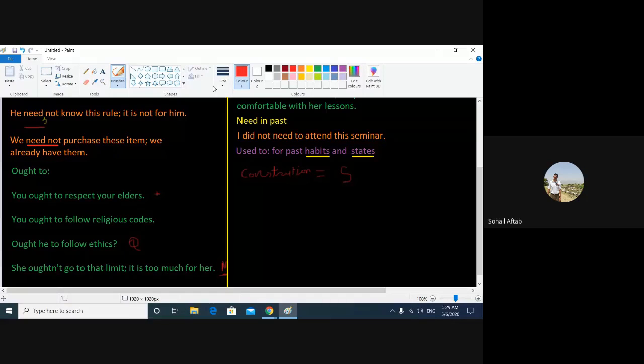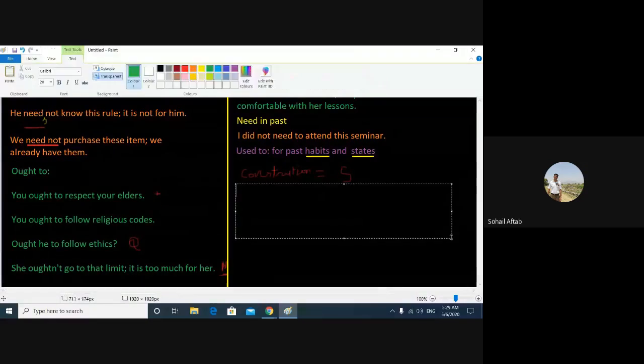You can be happy, you can be gloomy, you can be very optimistic, or very pessimistic, or jolly. So all these are different states. For example, you want to say that in past you remained very happy. Okay, let me first write it and then I'll form a construction which says almost the same thing.